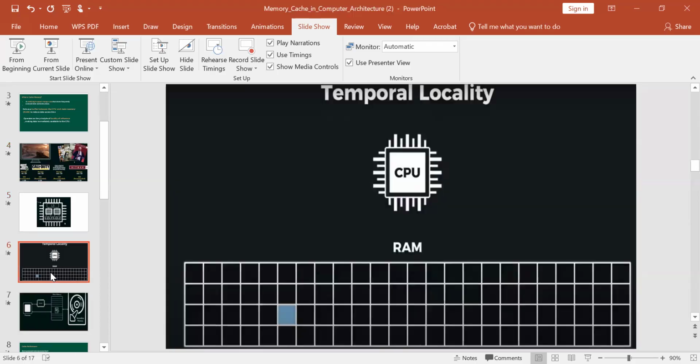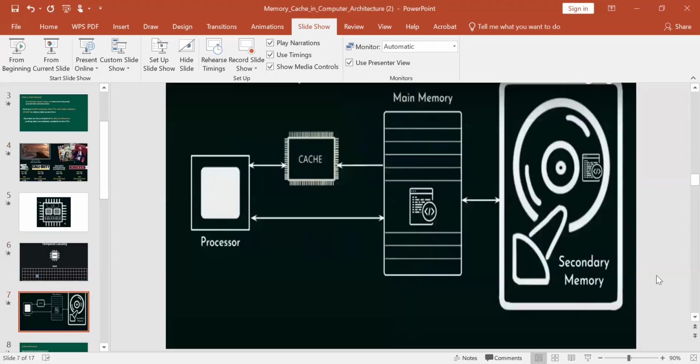So a better illustration will be here. We have this in the main memory location for the particular program that is being run, and then this processor needs to access data from the main memory. But the main memory in this particular case will give this data to the processor in a very, very slow mode.